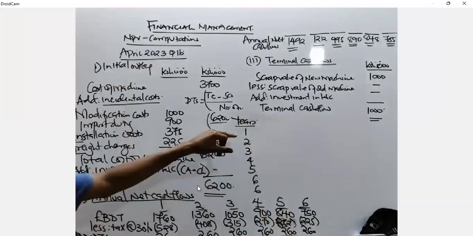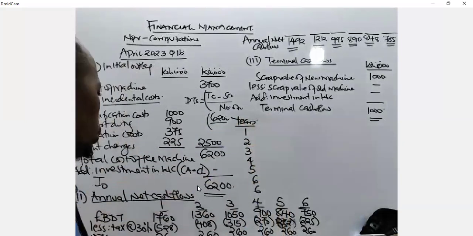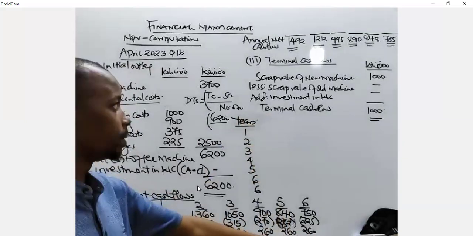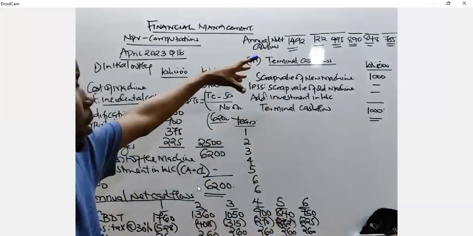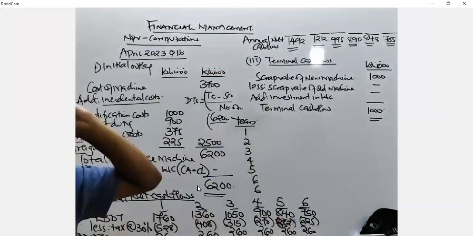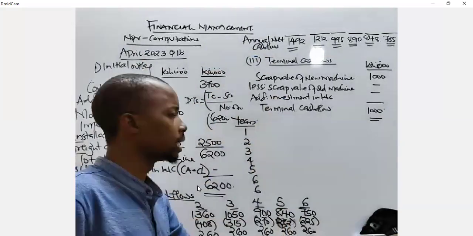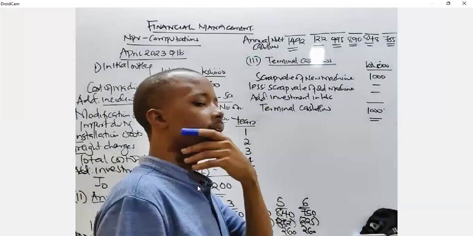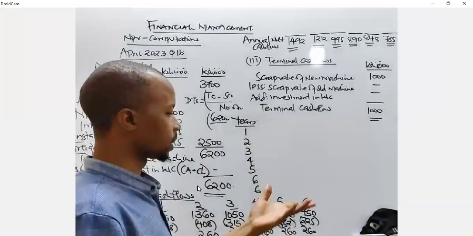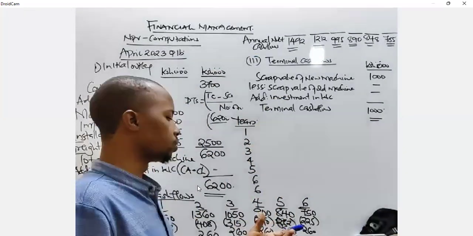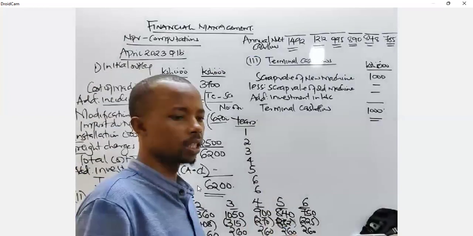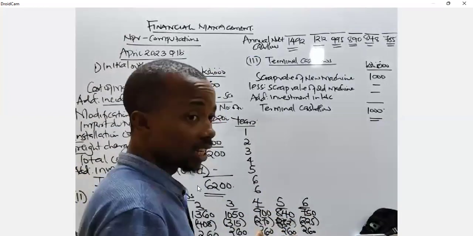What does this mean? It means the cash flows that you are going to be generating up to year 6 will be available, and then we are going to be selling. For example, you can be taking a vehicle for a certain project. You purchased it. Then the purchase, for example, is 3 million. At the end of the project, you want to sell it at 3 million.